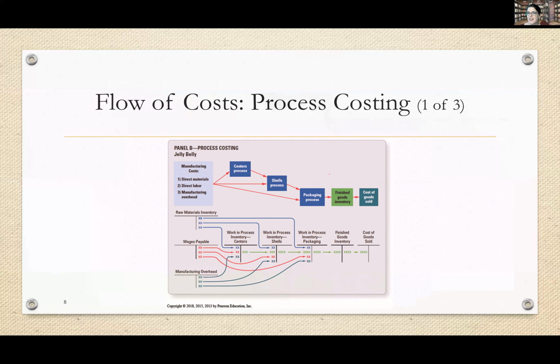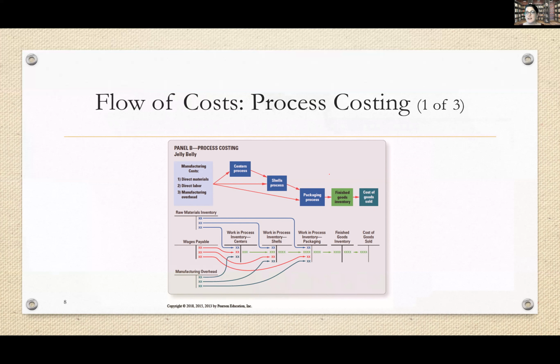So we've got 3 different processes and 3 different work in process accounts that the jelly beans are going to flow through. So we still have raw materials inventory, but now we have multiple work in process accounts, and we'll have one for each process. Then we have our finished goods inventory, and then it's going to move to cost of goods sold.